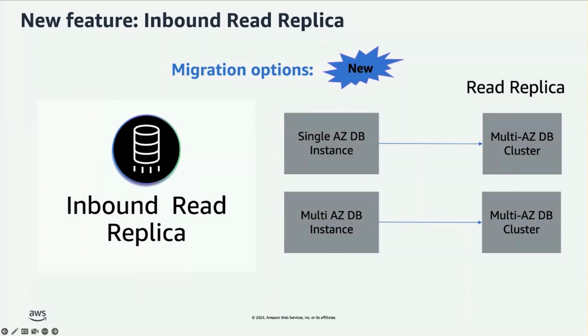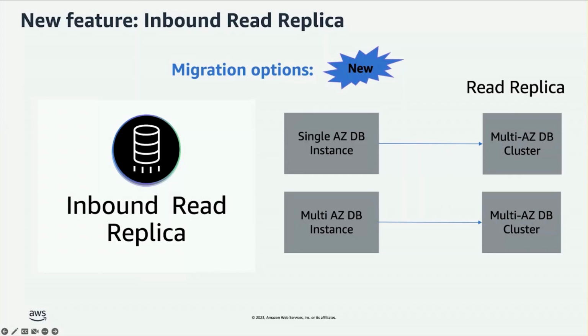If you are currently using RDS single AZ or multi-AZ DB instance and want to migrate to multi-AZ DB cluster with two readable standbys, you could use multiple migration options. One option is you can take a snapshot and restore that snapshot to a multi-AZ DB cluster. The second option is you can use DMS to replicate the changes from a single AZ or multi-AZ DB instance deployment to a multi-AZ DB cluster deployment.